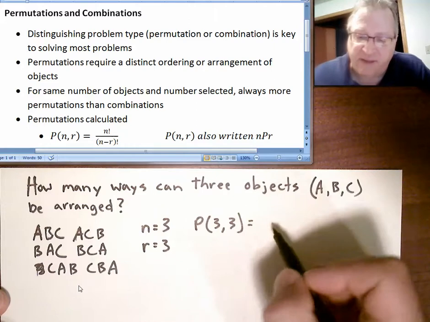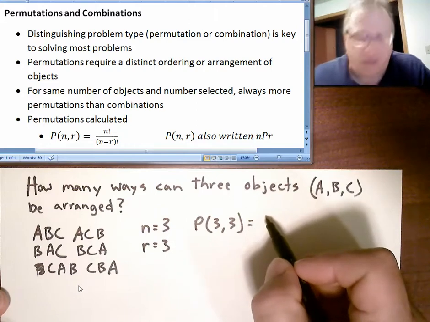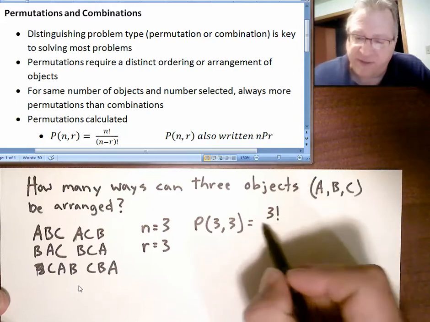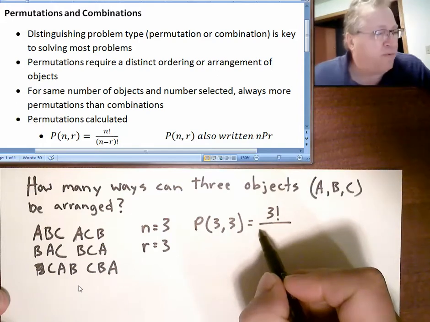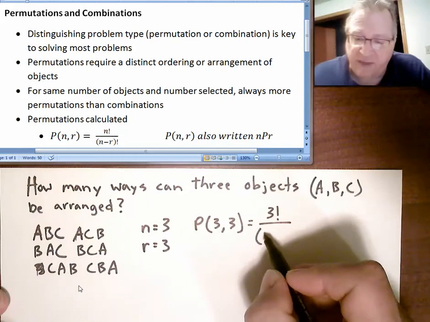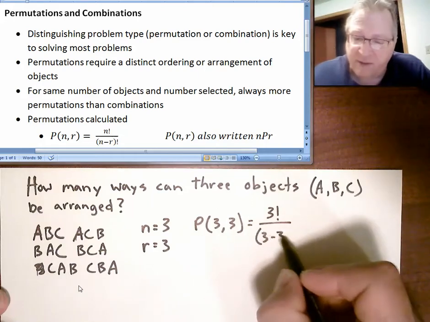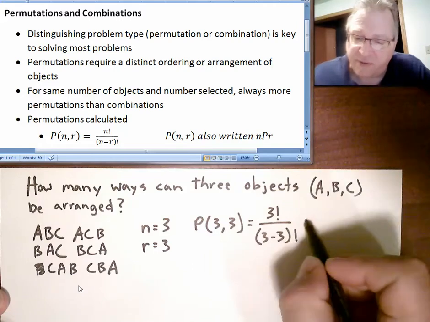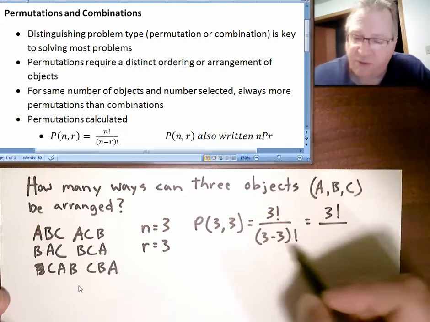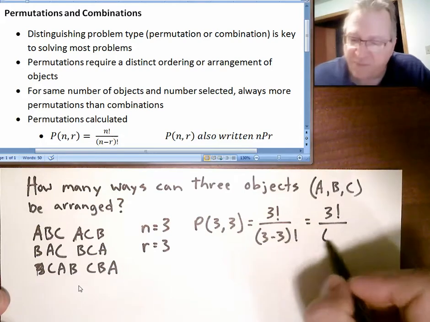And that is equal to n factorial, n is 3, 3 factorial over the quantity n minus r, or 3 minus 3 factorial. Now let's see, that's 3 factorial over 3 minus 3 is 0.